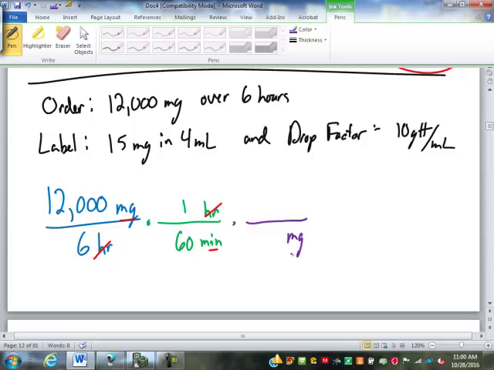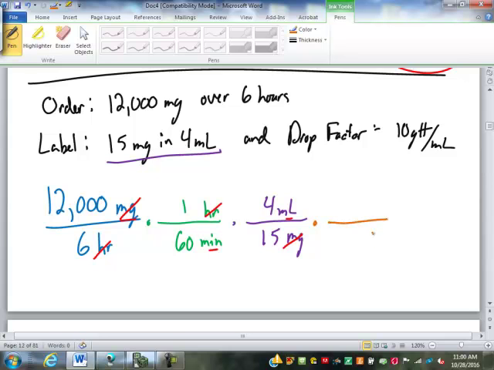So that's got to go on bottom. What equivalency do I have for milligrams? Well, I have 15 milligrams in 4 milliliters. So 15 milligrams on bottom, 4 milliliters on top. So my milligrams cancel out. Now I have milliliters on top and minutes on bottom. So this would be milliliters per minute.